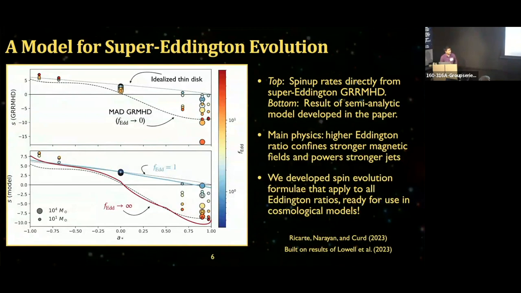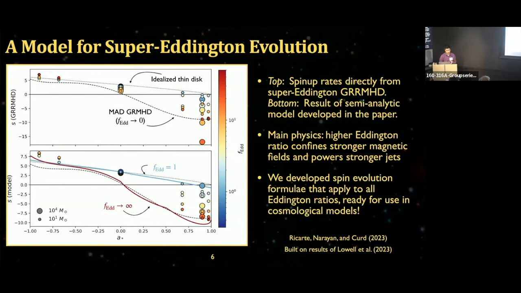And you can see that as you increase the Eddington ratio, moving from blue to red, focusing particularly on these prograde points over here, you move from the thin disk solution towards the curve that we had from the previous work for MAD GRMHD. The main physics here is that a higher Eddington ratio is able to confine stronger magnetic fields onto the horizon. This powers stronger jets.